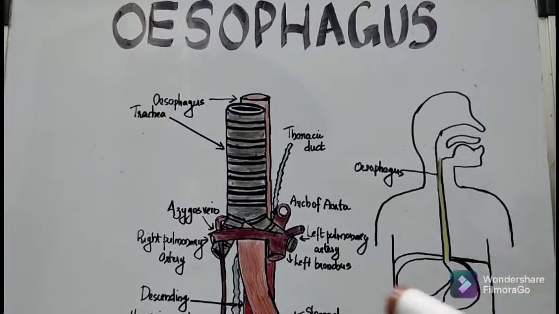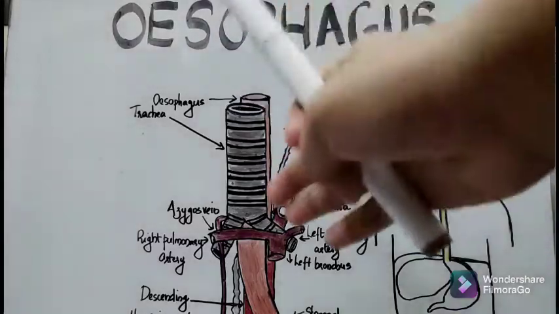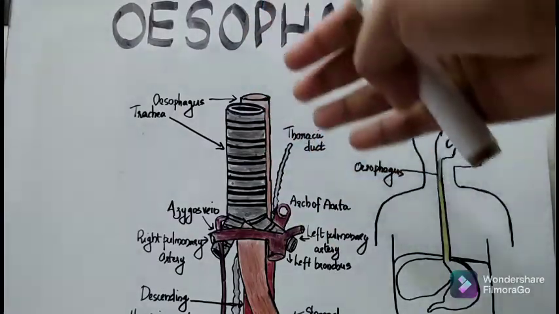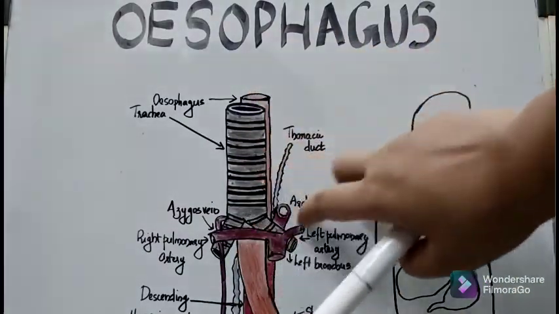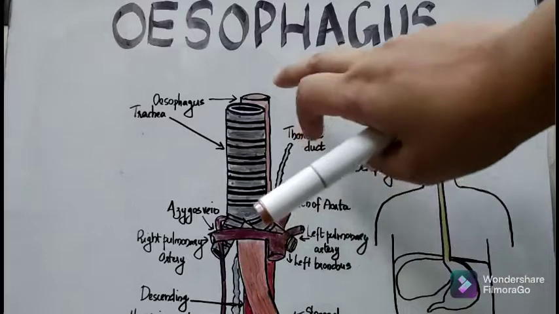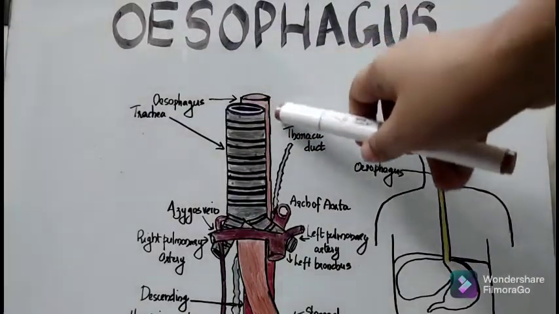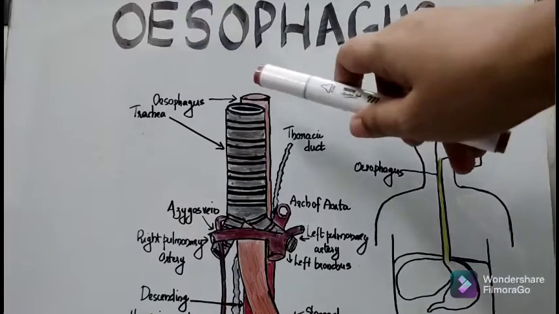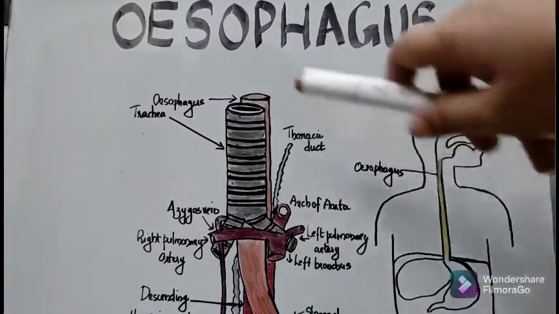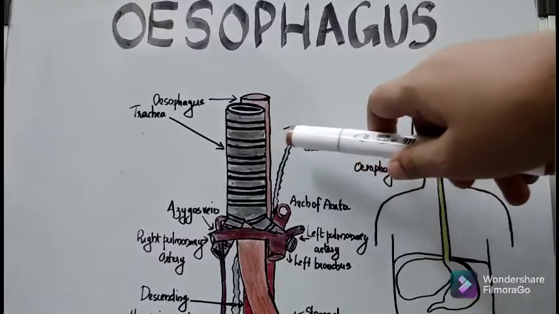Now we will discuss the arterial supply. The esophagus has the cervical part, the thoracic part and also the abdominal part. The cervical part is supplied by the inferior thyroid artery.